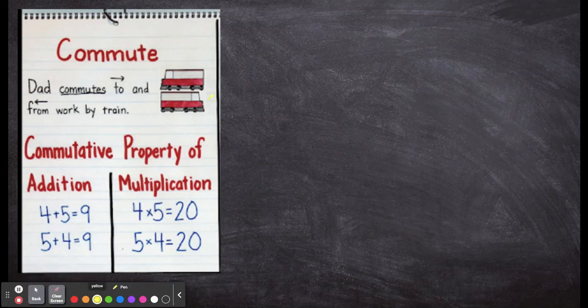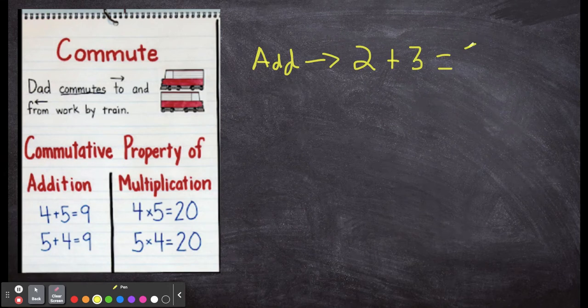Normally, all it is if we're adding, you would do two numbers like 2 plus 3, and you get 5. Another way is that you can just reverse it by doing 3 plus 2 is going to be 5. There's no other way around it.